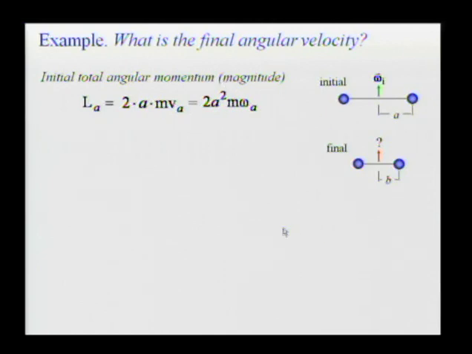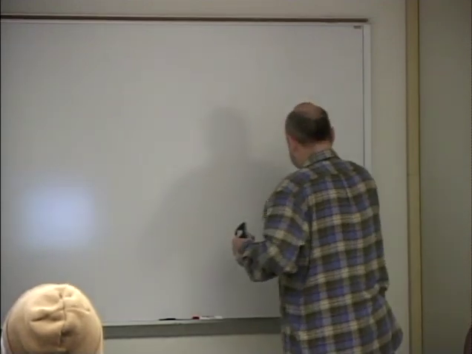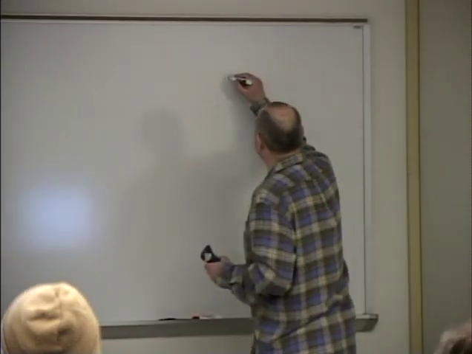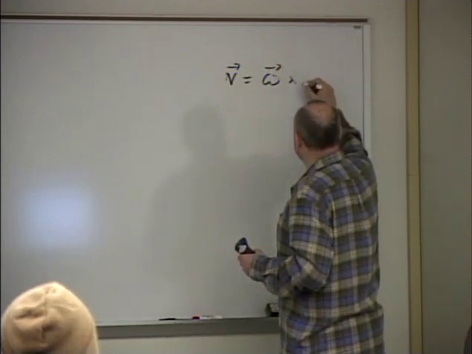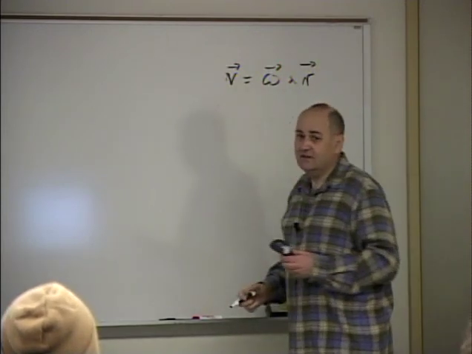Now, I can relate it, although I don't have to, but because the question was about angular velocity, I will express the speed in terms of the magnitude of angular velocity. If you come back to uniform circular motion, you can recall that the velocity of a particle is equal to its angular velocity multiplied by the position vector.